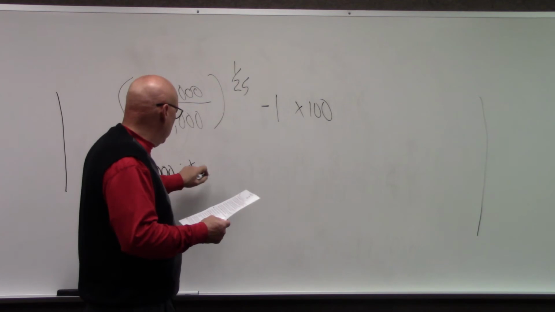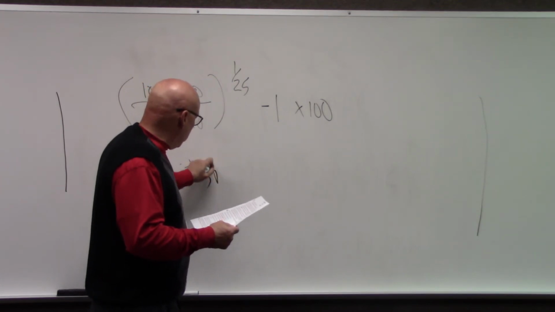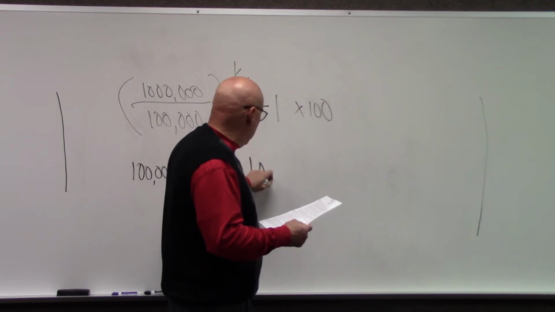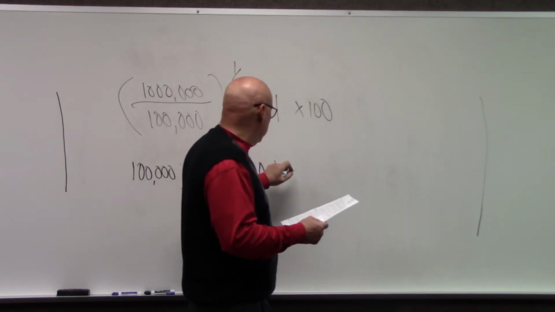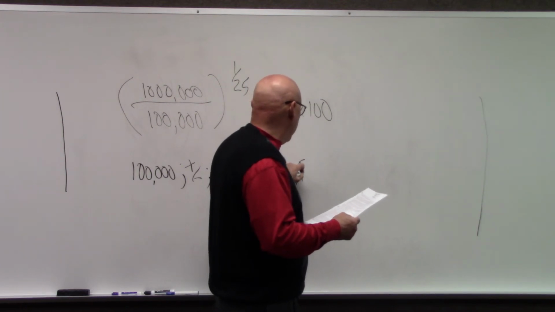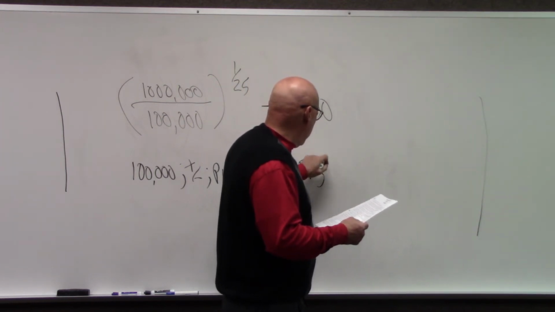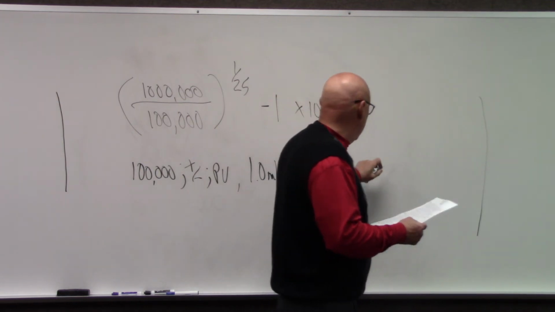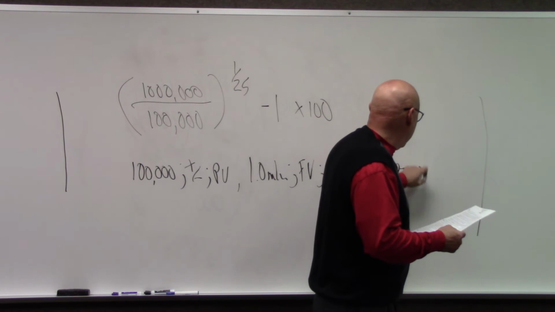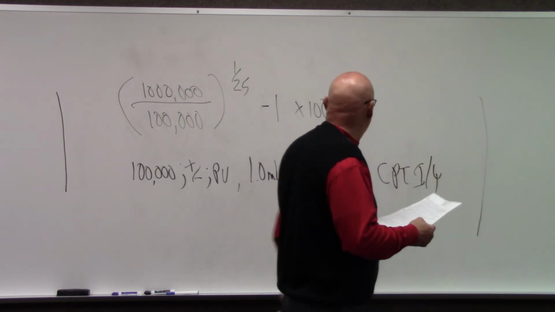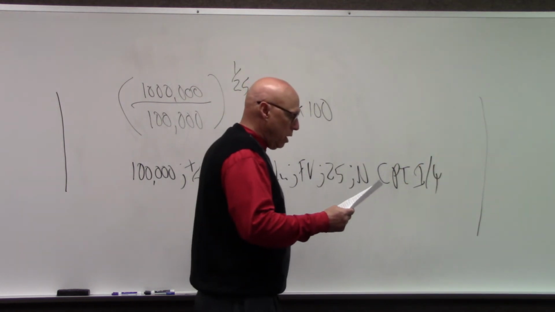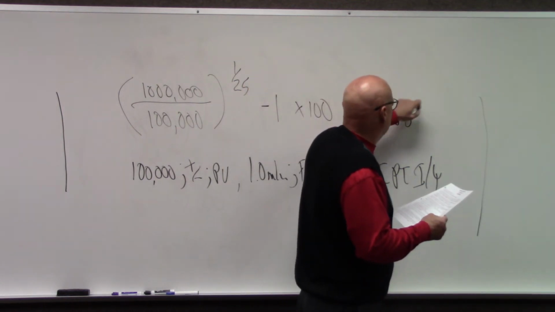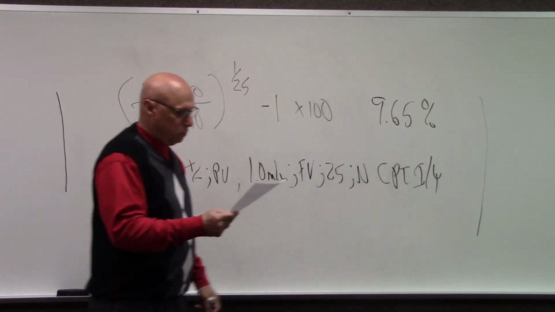Or 100,000 plus minus is your present value, and $1 million is your future value, and 25 is your N. Compute IY. And you get 9.65%.